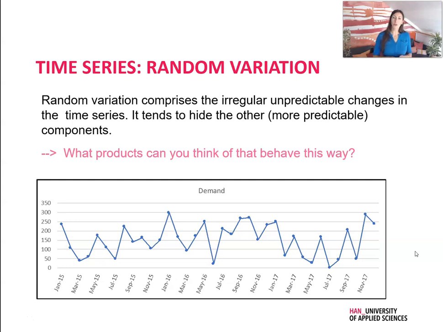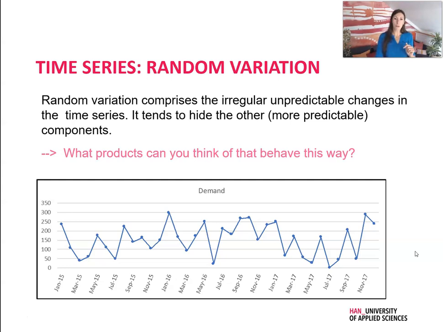One thing that I also want you to keep in mind is that this kind of pattern, this time series, tends to hide other more predictable components, so every item might have a mix of time series and can display more than one. So you can use more than one time series when you're creating your forecast. Of course, for this class, we're going to keep things simple.